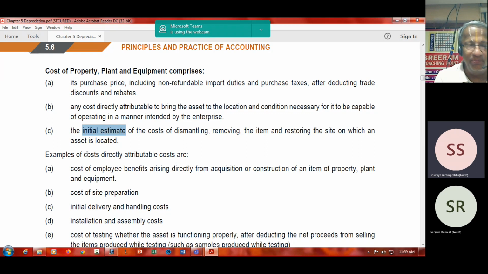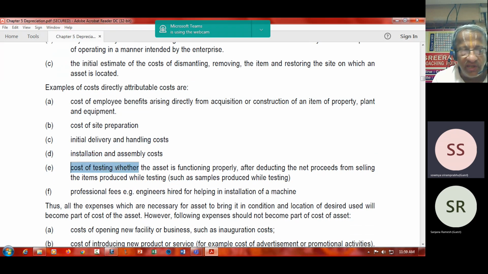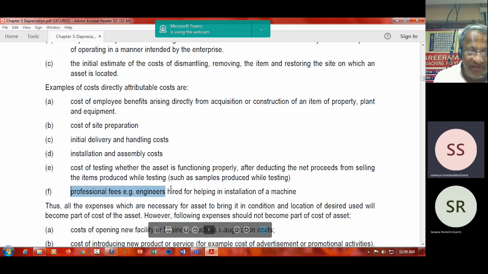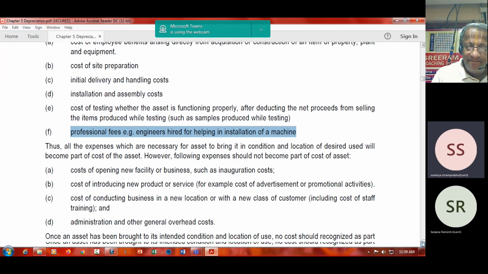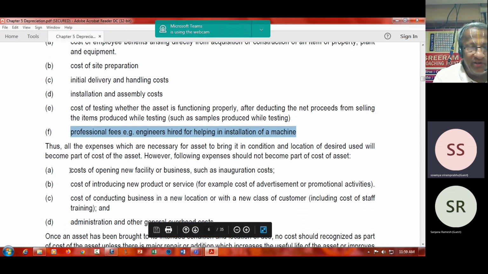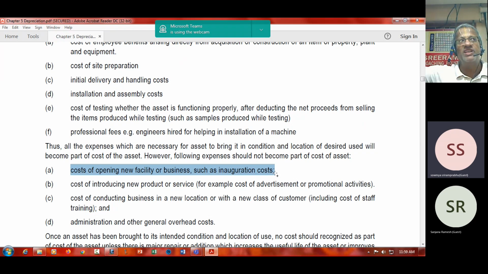Just see, examples of directly attributable expenses are whatever you are telling, they are all there. Cost of testing also, professional fees, all these are to be taken up as directly attributable cost. So what is not to be capitalized: we are seeing cost of opening a new facility. At the introduction time you give an advertisement saying that your place is located here.